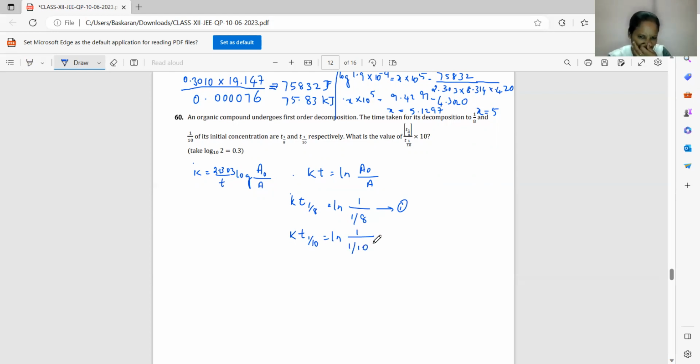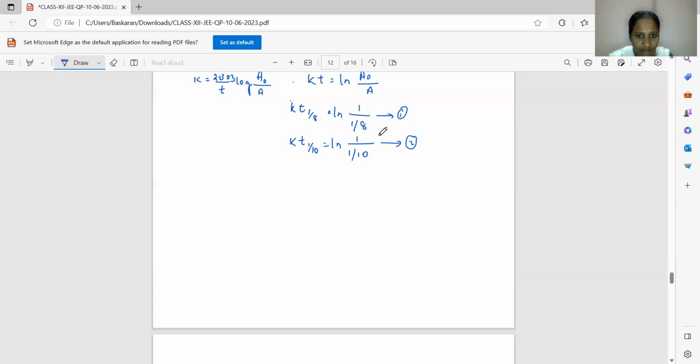So basically, this equation we will assume it to be 2. Okay. Now basically they are asking T1/8 divided by T1/10. So we will divide equation 1 by equation 2.